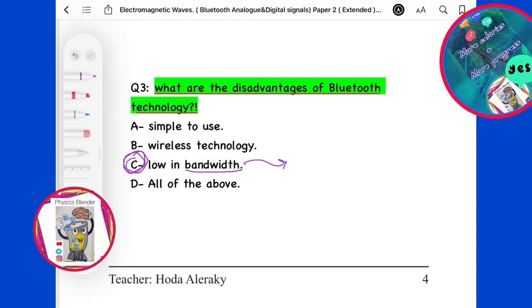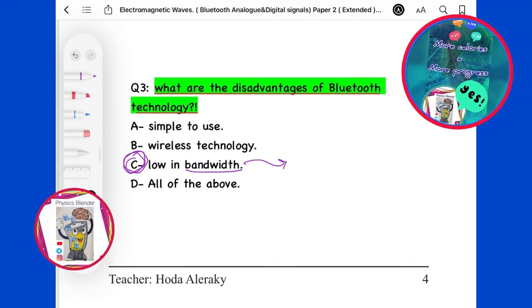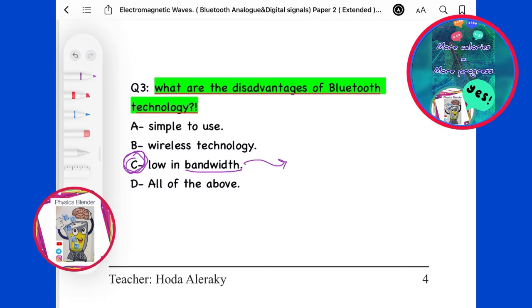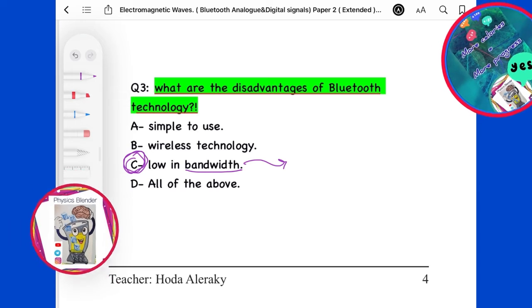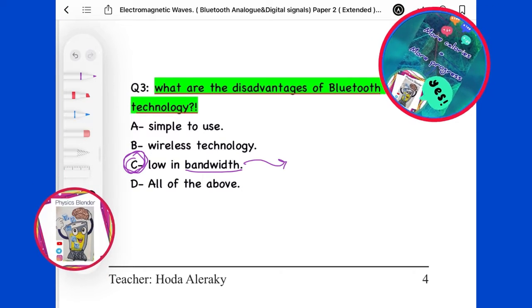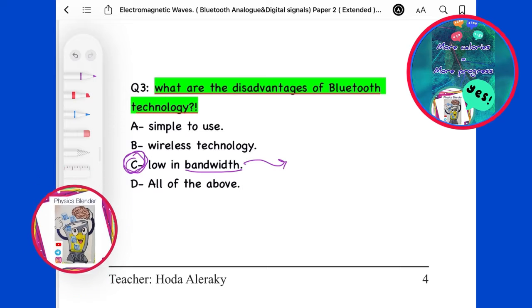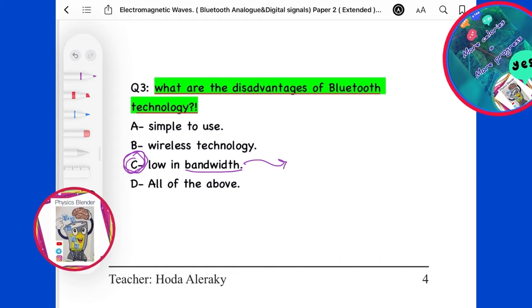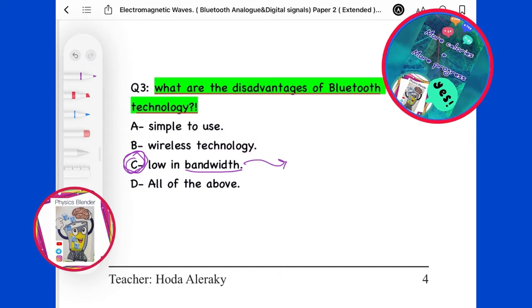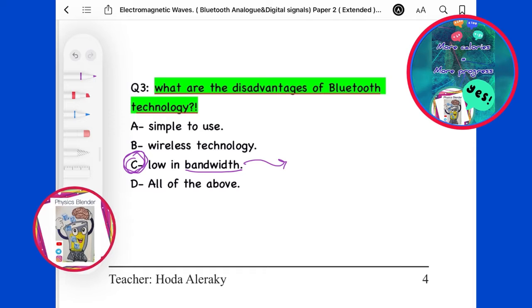It means you can deliver more information. So low bandwidth means you cannot transmit or deliver more information. Okay, definition of bandwidth: it's a range of frequencies within a continuous set of frequencies, and it's measured in hertz.